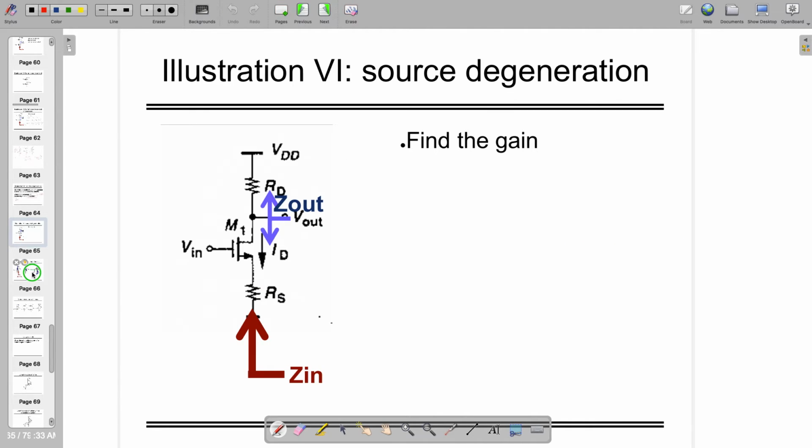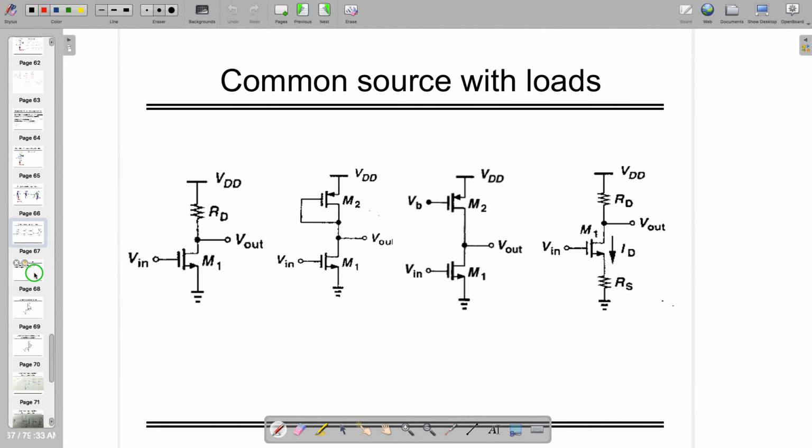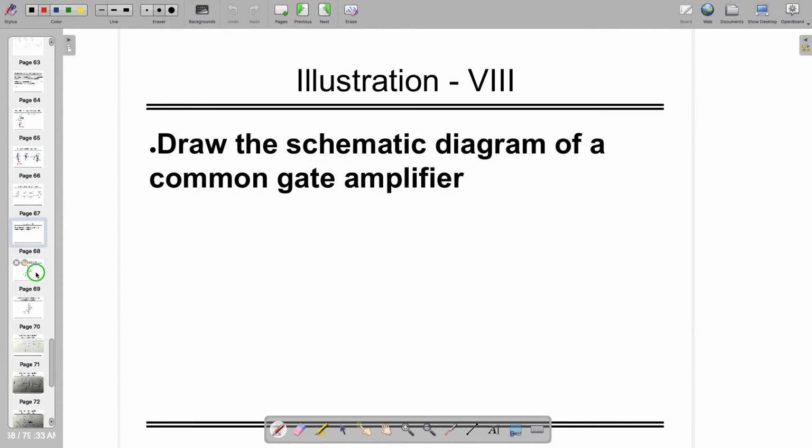Okay, so now this source degeneration is done. Now I'm asking you to make the common gate amplifier. Draw in your notebook the common gate amplifier with resistive load.